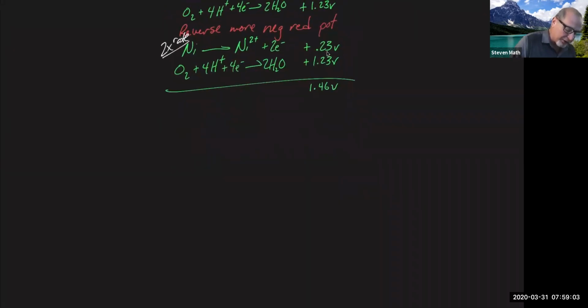The key here is just to make sure that whatever voltage we're creating is a positive volt. So here's the second one we have where we have cerium 4 plus.